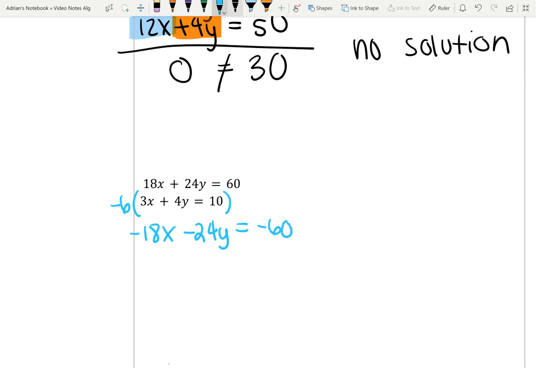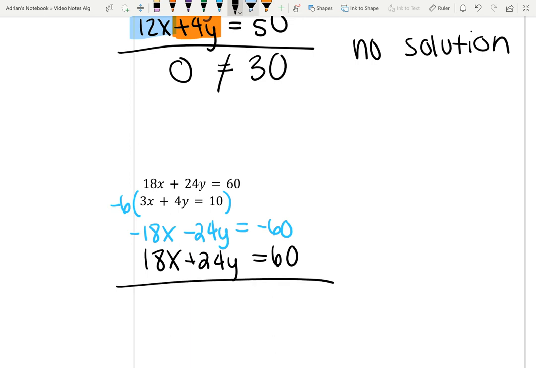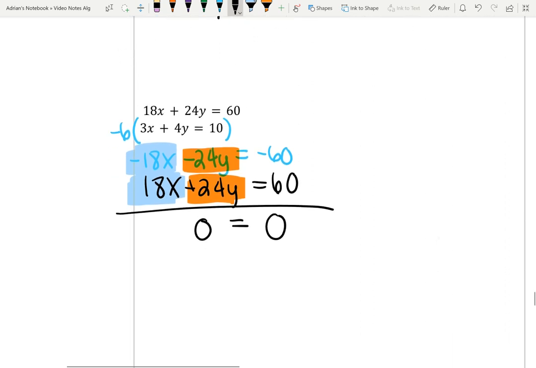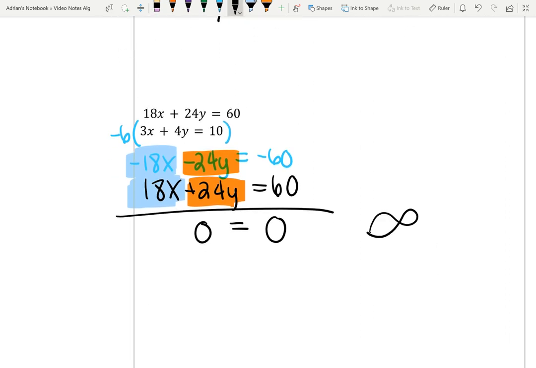I'm going to rewrite my top equation right below that. So here these x's become 0. My y's also become 0. So on this side I have 0 equals, now negative 60 plus 60 is also 0. Does 0 equal 0? Yes, so this is an infinite solution.